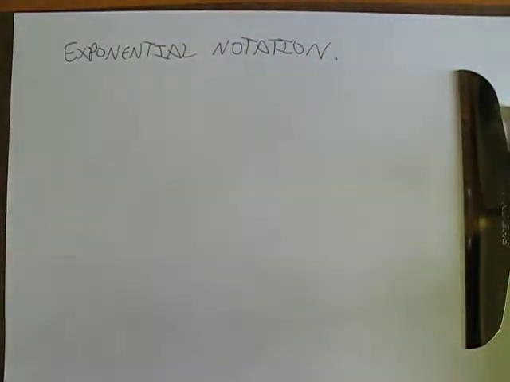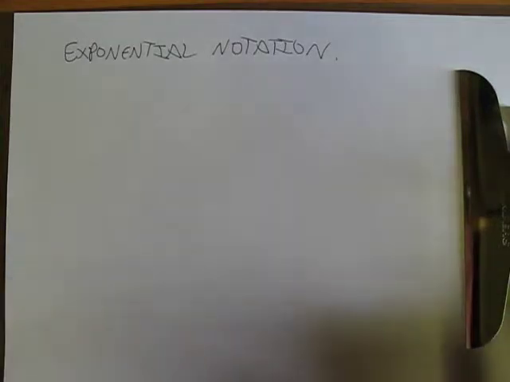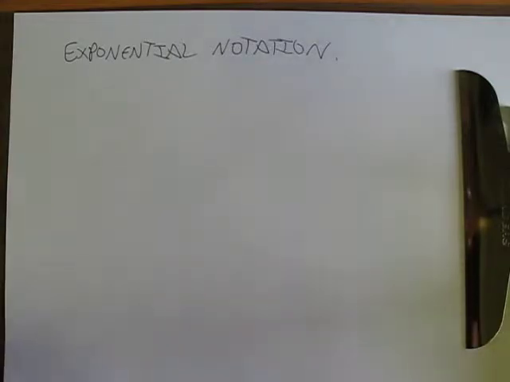Now, the fact of the matter is that in physics we're going to end up with some numbers that are really large and some numbers that are really small. So we're going to get sick of writing all kinds of digits.